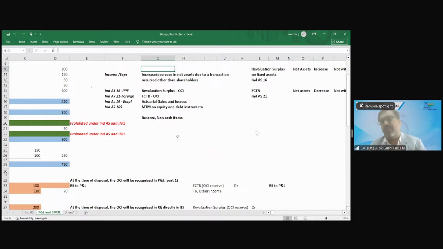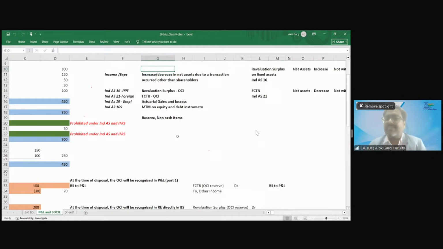मतलब अगर आपकी नेट एसेट्स बढ़ती है और कब बढ़ती है? शेयर होल्डर के अलावा अगर आप किसी पार्टी के साथ ट्रांजैक्शन करते हैं और उससे अगर आपकी नेट एसेट्स बढ़ती है तो इसका मतलब होता है इनकम.